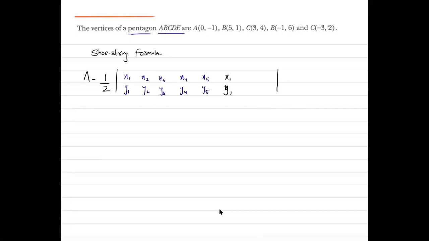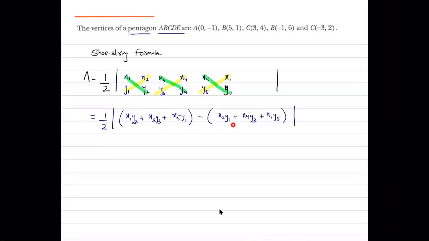And in order to solve this, you're going to multiply diagonally, meaning x1 is going to be multiplied by y2, x3 is going to be multiplied by y3, x5 is going to be multiplied by y1, and all the products of these numbers are going to be added, meaning 1 upon 2 mod x1 y2 plus x3 y3 plus x5 y1, then minus the product of these terms, x2 y1 plus x4 y3 plus x1 y5, and whatever this answer comes, you're going to divide it by half.